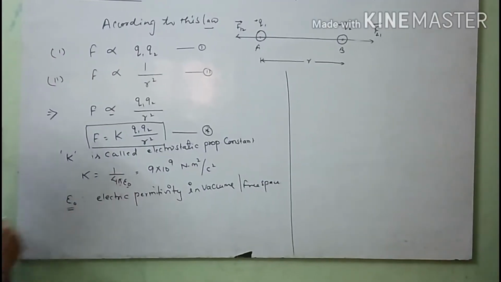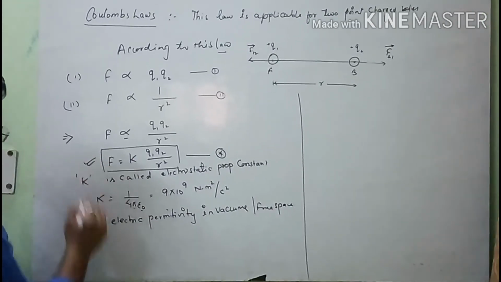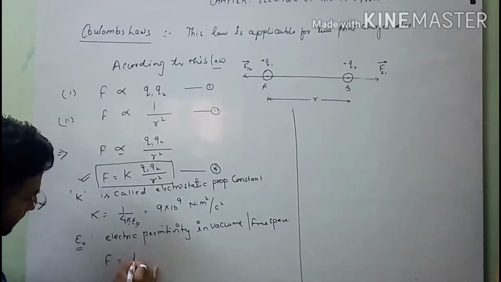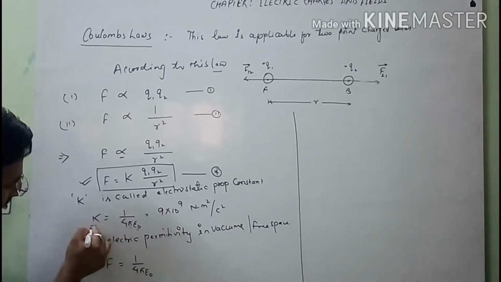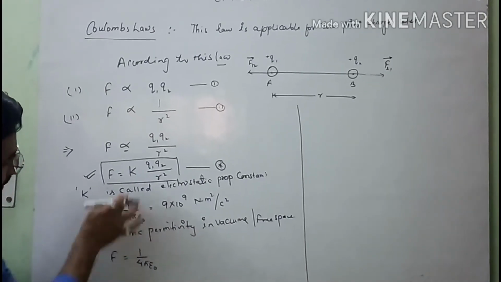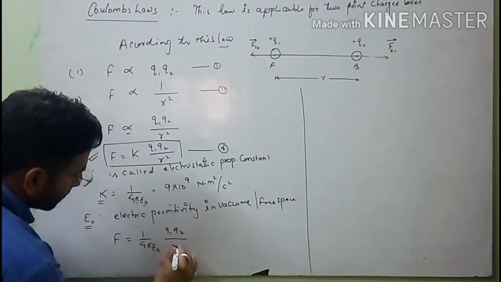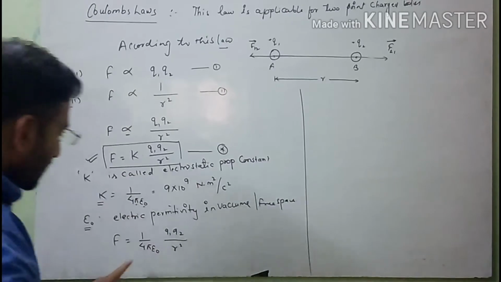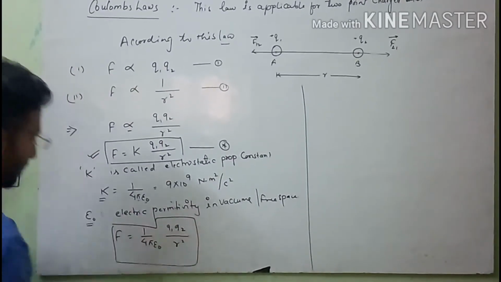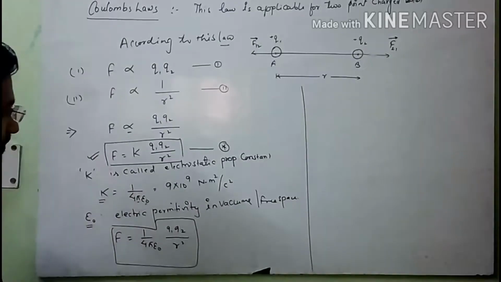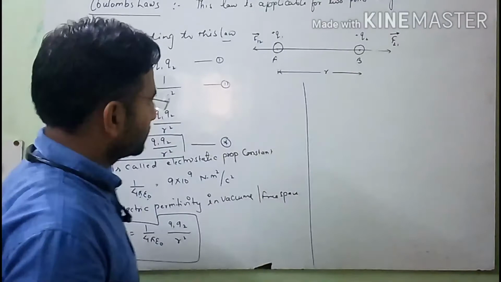In terms of epsilon naught, I will write the formula of electrostatic force, which will be F equals 1 over 4 pi epsilon naught. We substitute here the value of K, which is 1 over 4 pi epsilon naught, times Q1 Q2 by R square. So this is the formula of electrostatic force or Coulomb force between the two point charges.